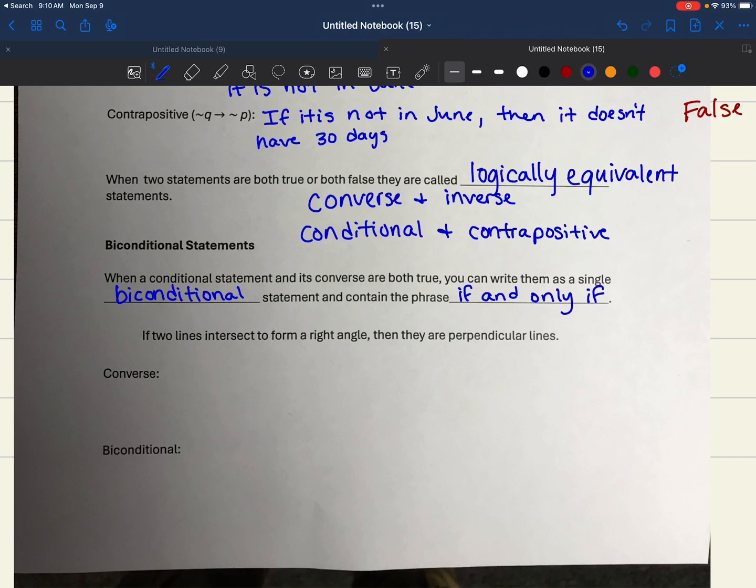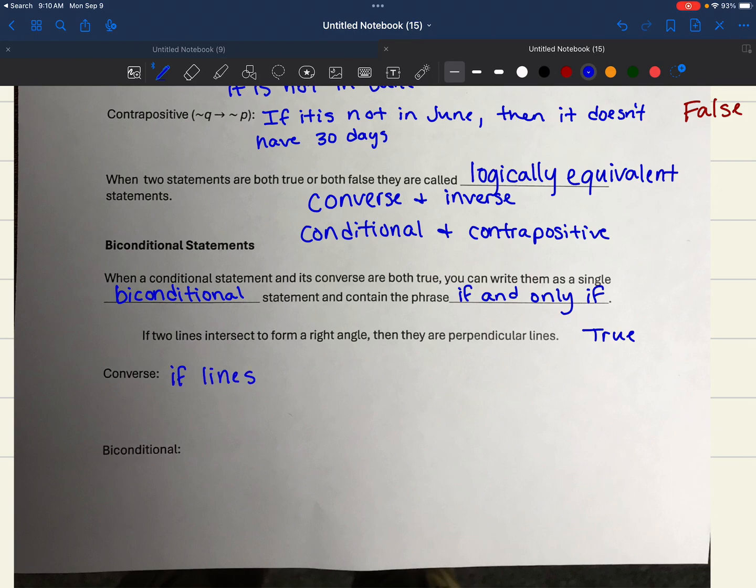Okay, so our first one says, if two lines intersect to form a right angle, then they are perpendicular. Is this true? Yes. We know if two lines intersect and they form a right angle, then they are perpendicular. What would the converse be of this statement?